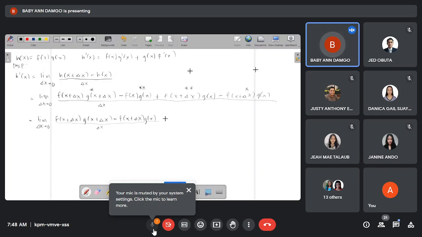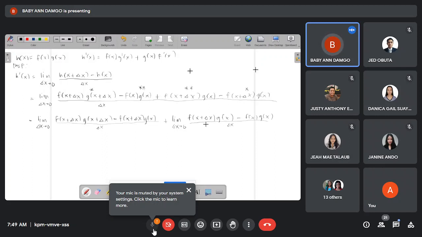So plus, this one we will write first. So this is f of x plus the change of x, g of x, minus this. So f of x, g of x, all over the change of x as the change of x approaches 0.